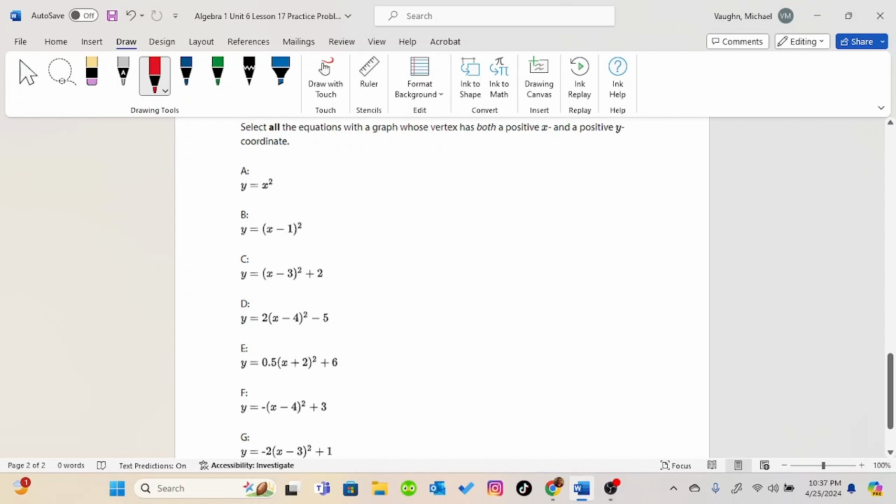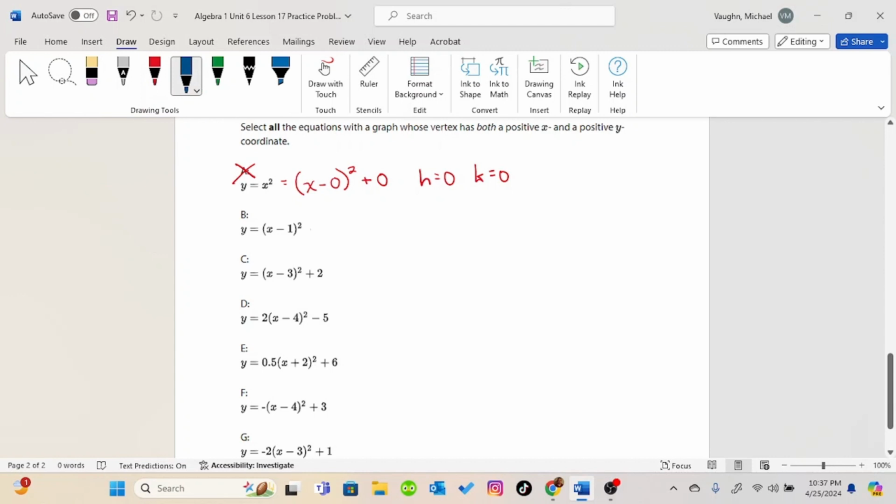So in choice A, this could be rewritten as x minus 0 squared plus 0, which means h equals 0 and k equals 0. 0 is not positive, so A is wrong.